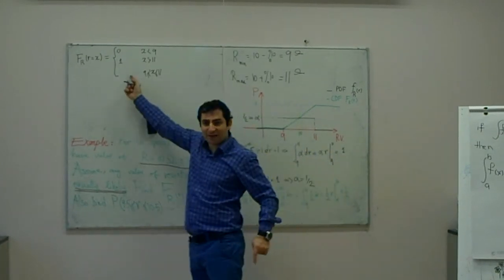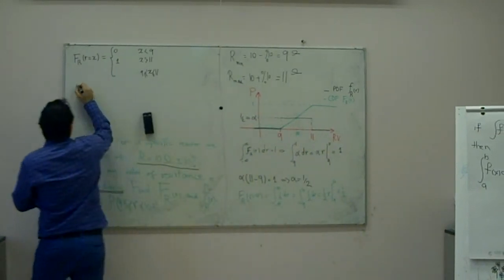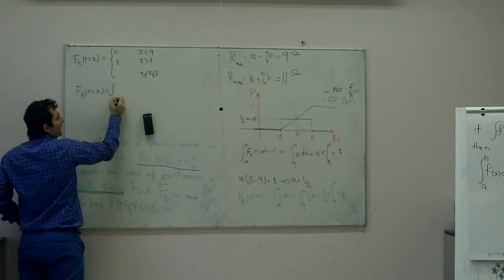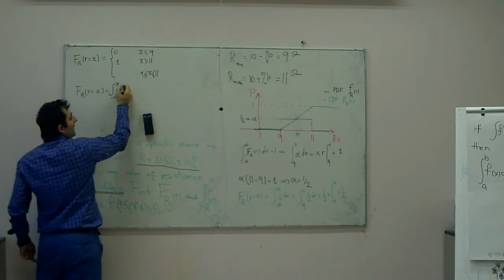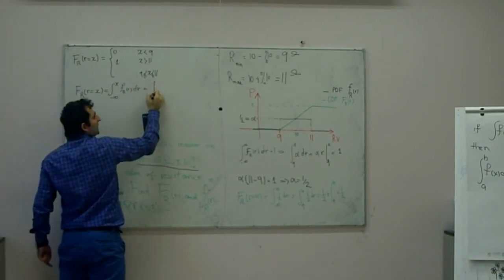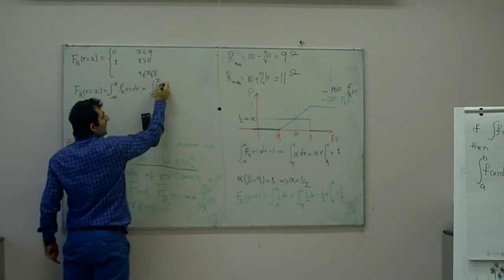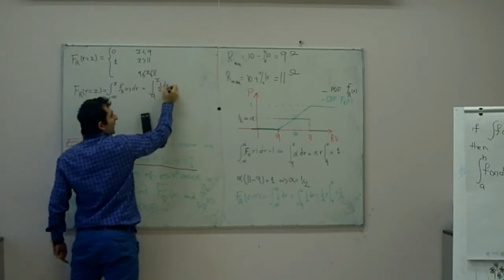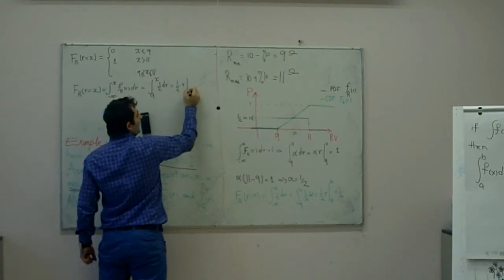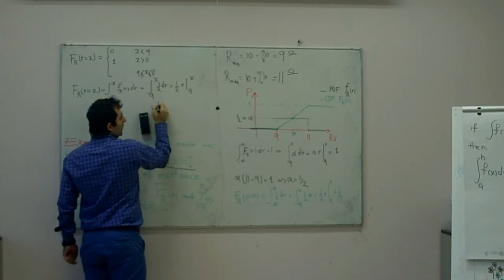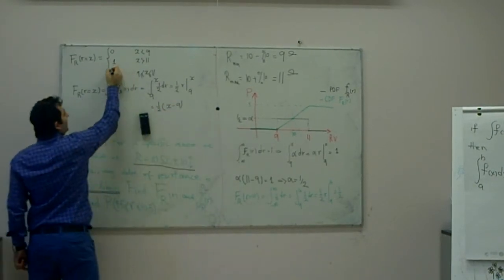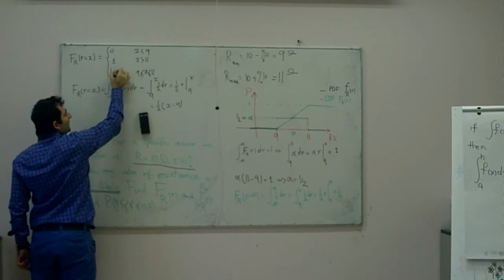In order to calculate this, F of r of x is the integral from minus infinity to x of f of r dr, which is the integral from 9 to x of 1 over 2 dr, which is 1 over 2 r from 9 to x, which is 1 over 2 times x minus 9.